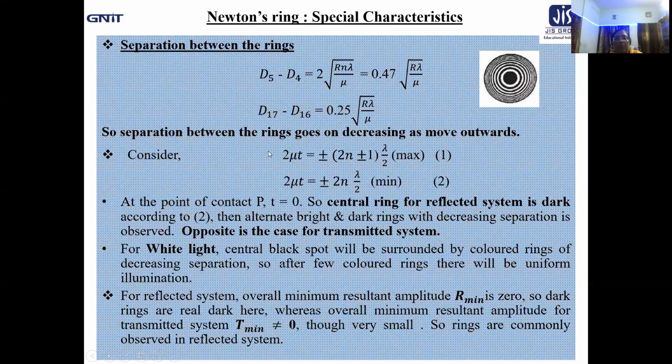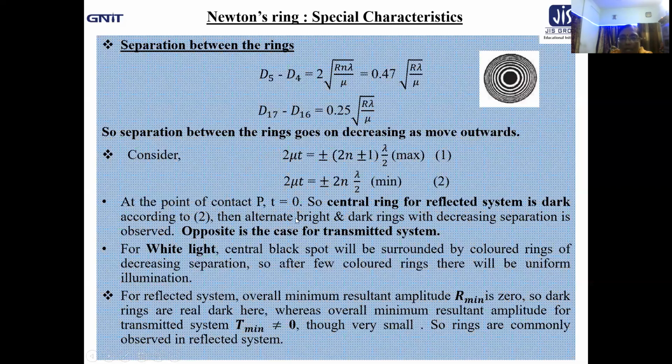Be careful because these two are the conditions for the reflected system we already have seen earlier. At the point of contact, we will get for the reflected system the central ring to be dark because T equal to 0 there. So condition of minimum will be satisfied there.